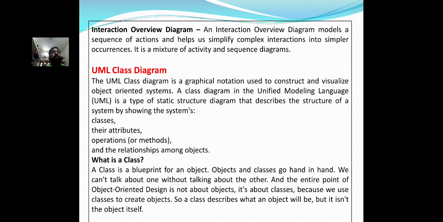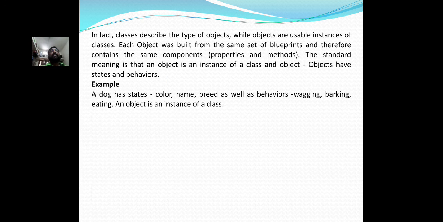The entire point of object-oriented design is not about objects, it's about object classes, because we use classes to create objects. So a class describes what an object will be, but it isn't the object itself. In fact, classes describe the type of objects, while objects are instances of classes.